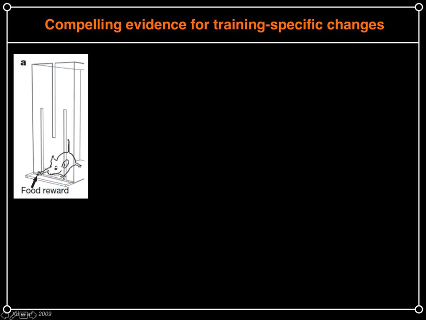Here's a classic example. In this particular task, these mice were trained to retrieve food with a particular paw, right? There's a pasta, and they have to use their paw in a certain way in order to retrieve that food reward.